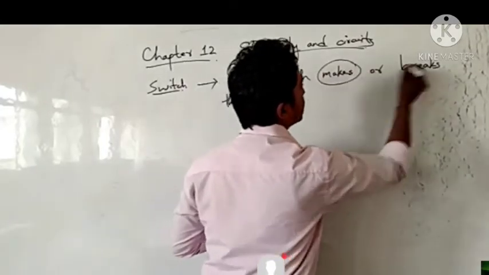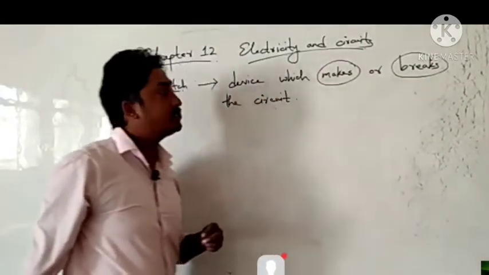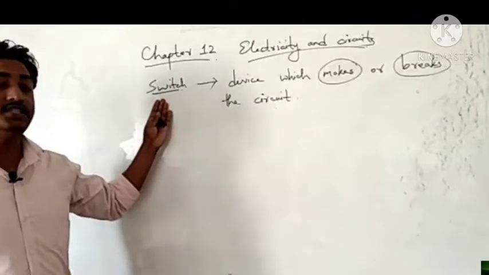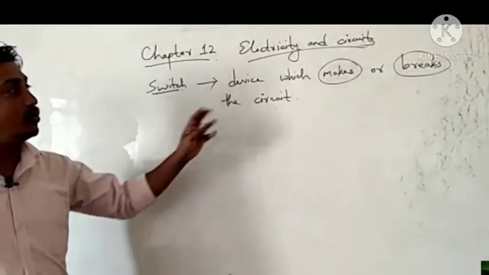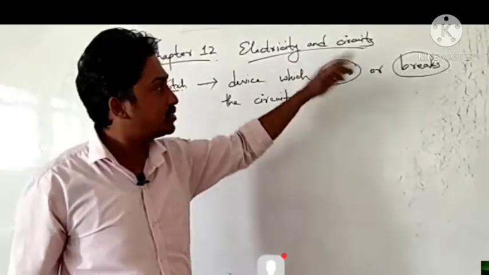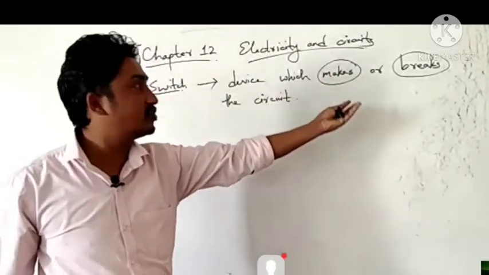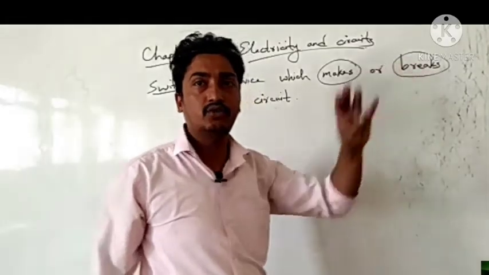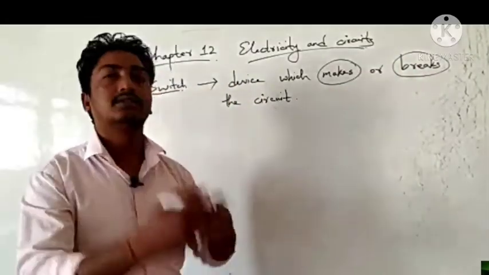That means makes and breaks. Makes and breaks means switch is the device which helps a circuit to either make, that means make it functional, or to break, that means to disconnect the circuit.